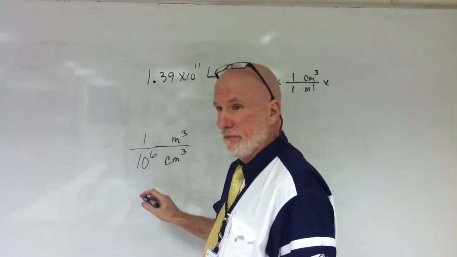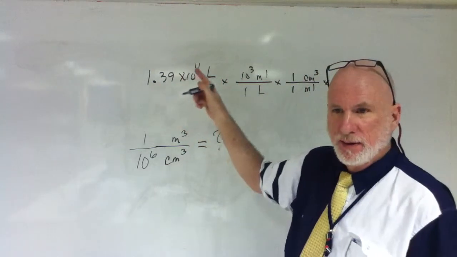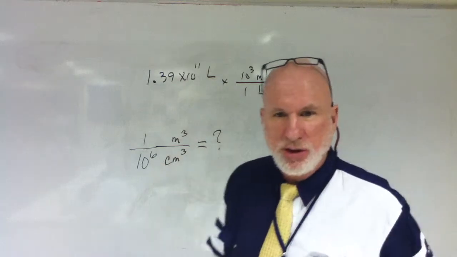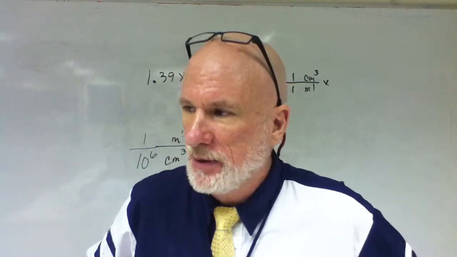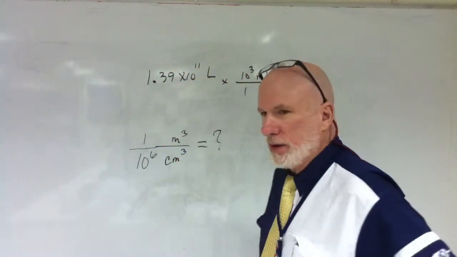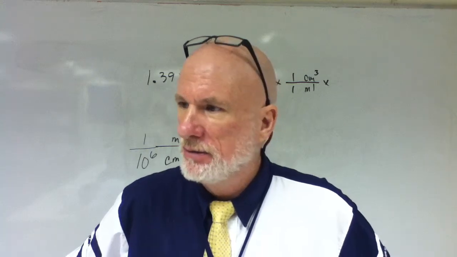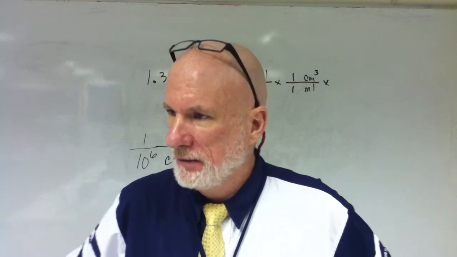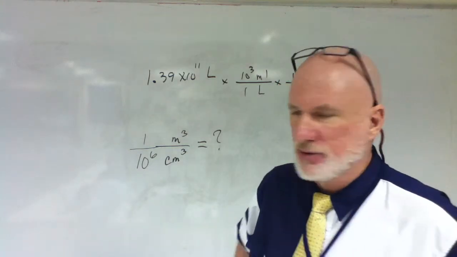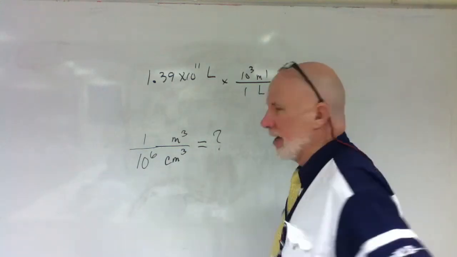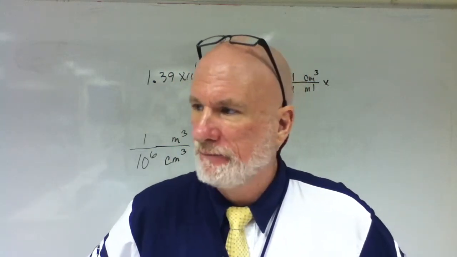All right, so put that in. Now make sure you can do it on your calculator. Put in 1.39, second function, EE, then 11, times 1,000, divided by 1 million. What do you got?